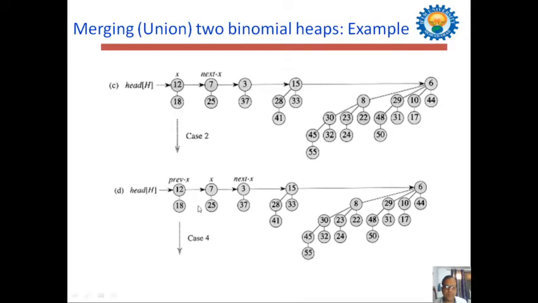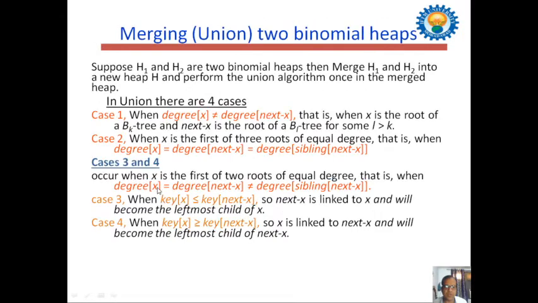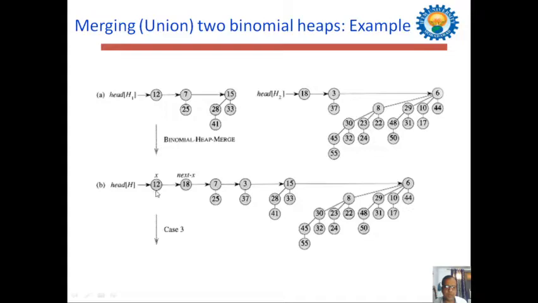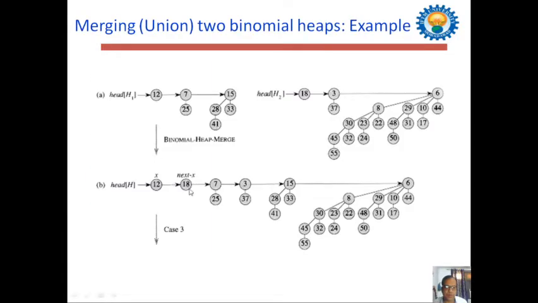Here we will see what is the case. Here it is case 3. What is case 3? Here this is case 2 when degree of x is equal to degree of next of x, and degree of sibling of next of x is not equal.